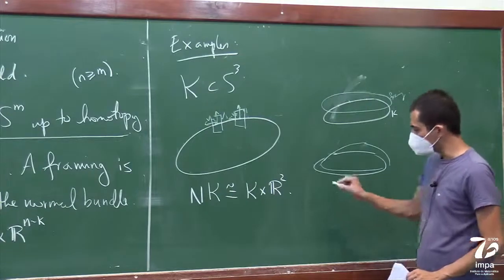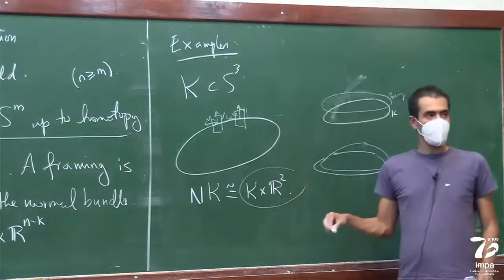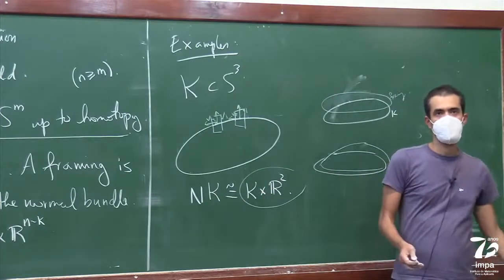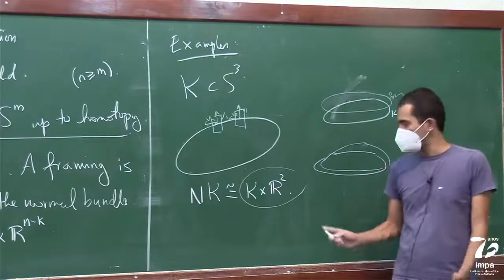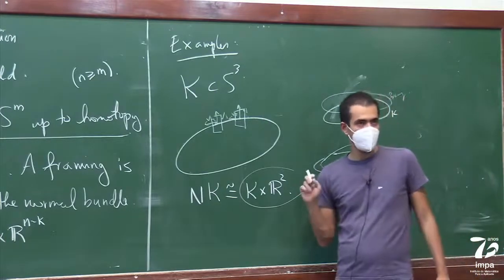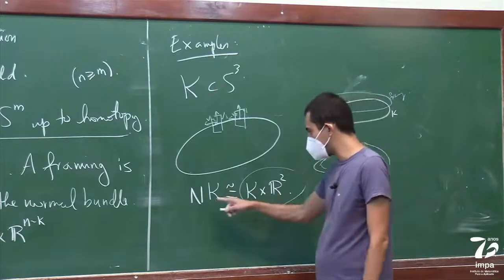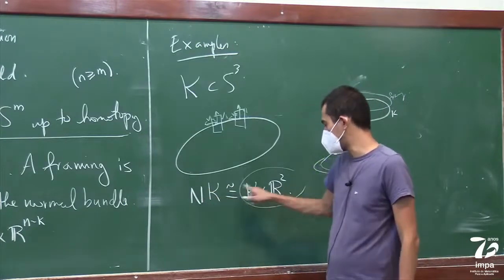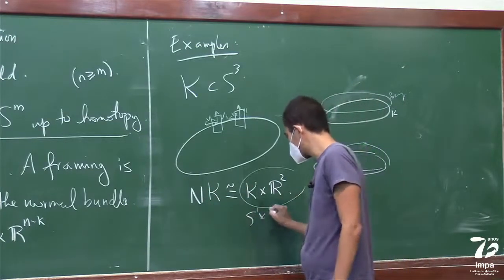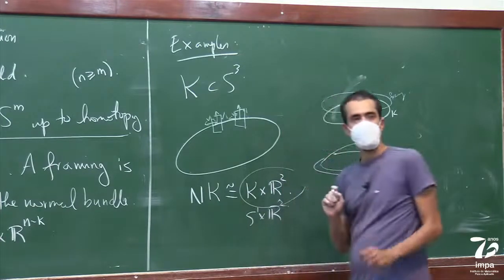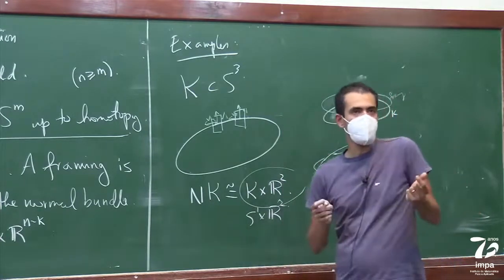But the thing that's cool is that once you have a trivialization, you can change the trivialization. So once you have a framing, you can change the framing. And for knots, that's very easy, because a trivialization really is the identification of the normal bundle with S^1 times R^2. And you can choose another basis.